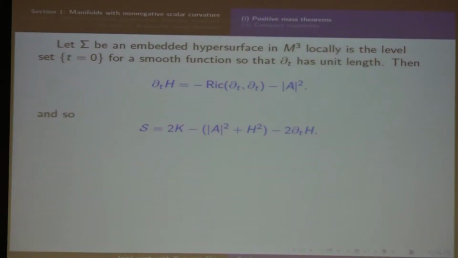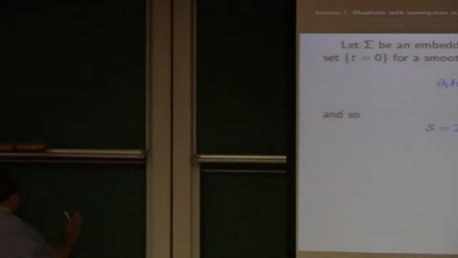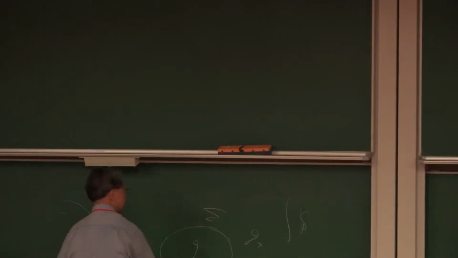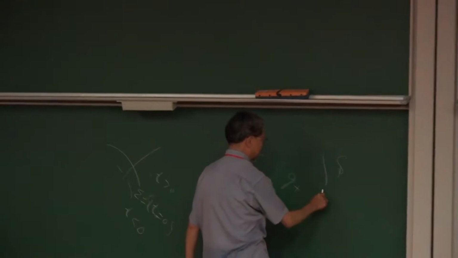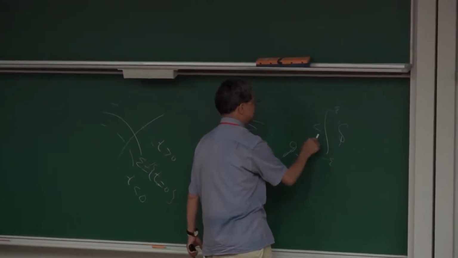Okay. So if you want the left-hand side to be non-negative, you just integrate along a curve here, say, for example, from minus epsilon to epsilon. This should be non-negative.